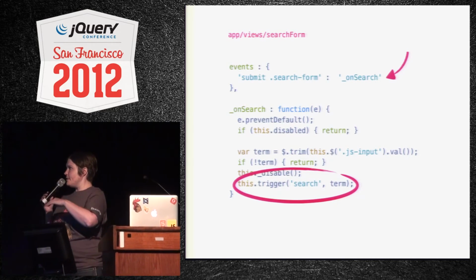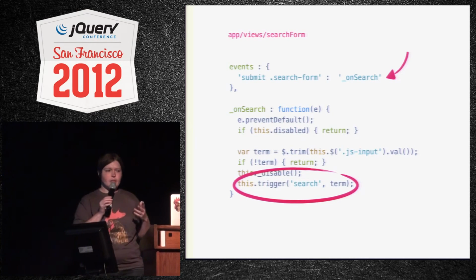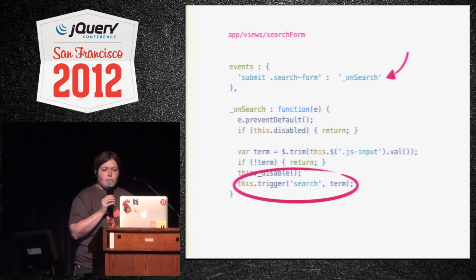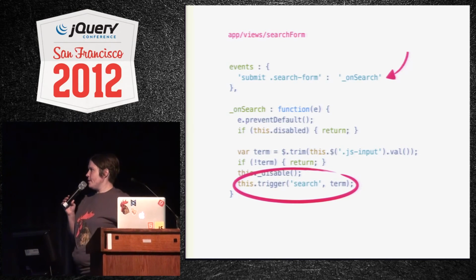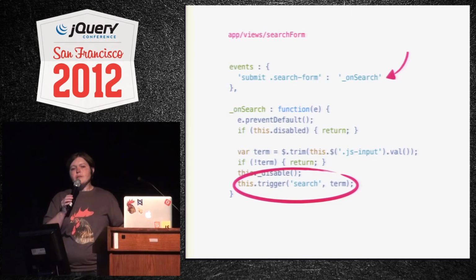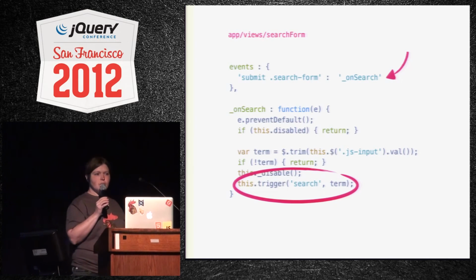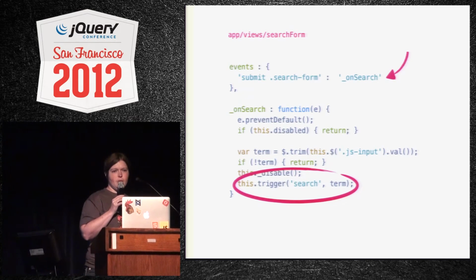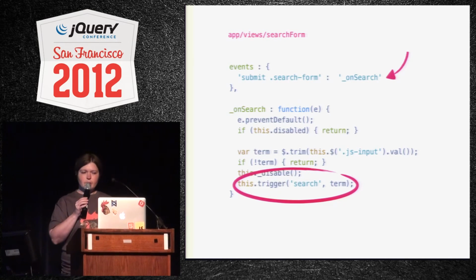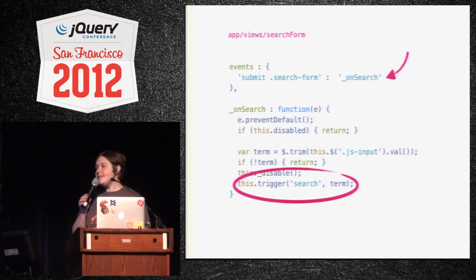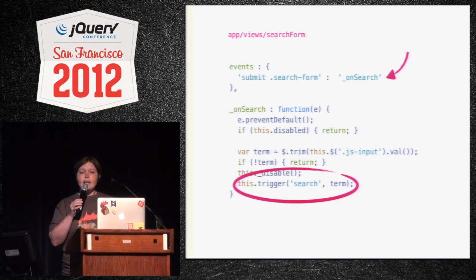And it does some stuff to make sure that someone actually entered a term. But once it's done verifying that this is worth announcing, then it triggers an event on itself called search. And it passes to that, as an argument in that event, the term that was searched for. And so this is it.